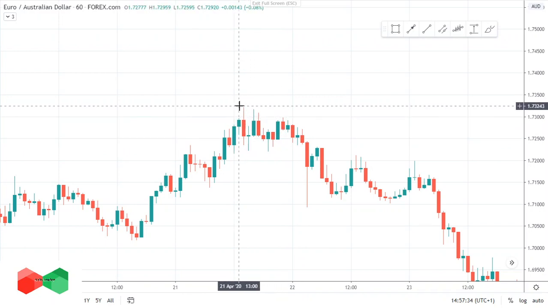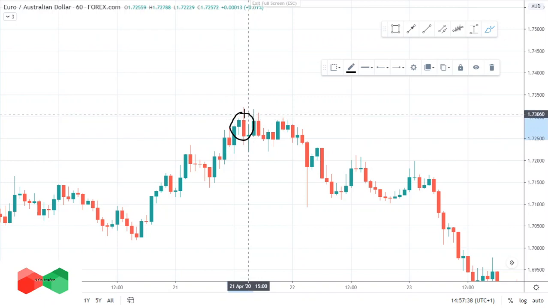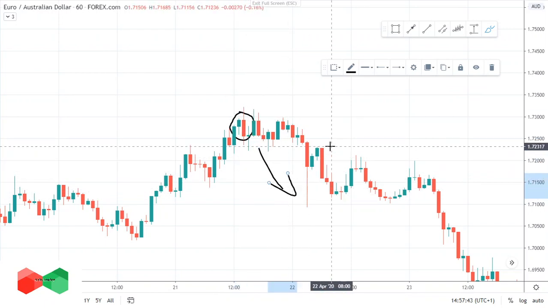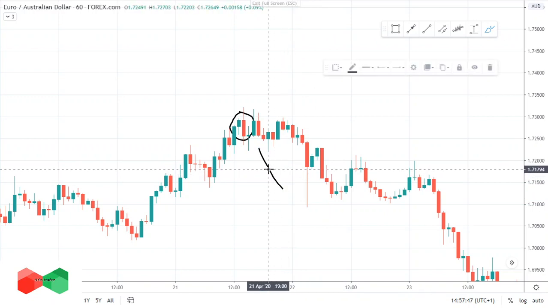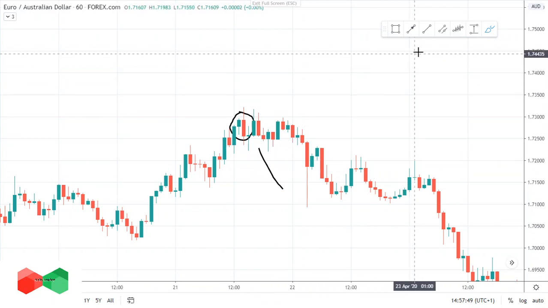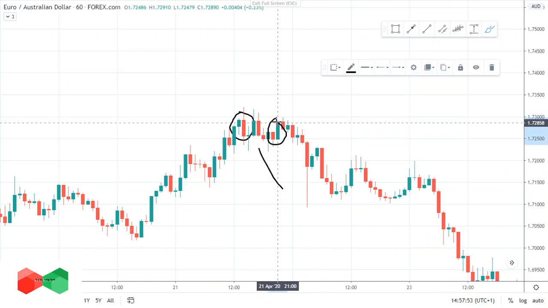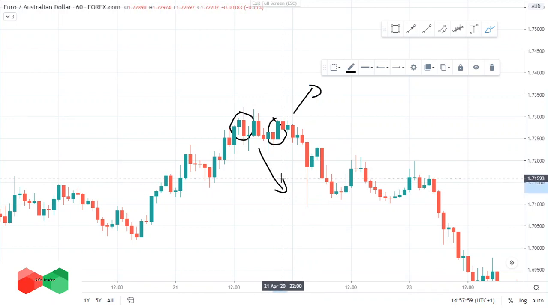So your original signal said the market is going to start going down, but then you end up with this, which makes you think, okay, maybe the market's going up and not down.